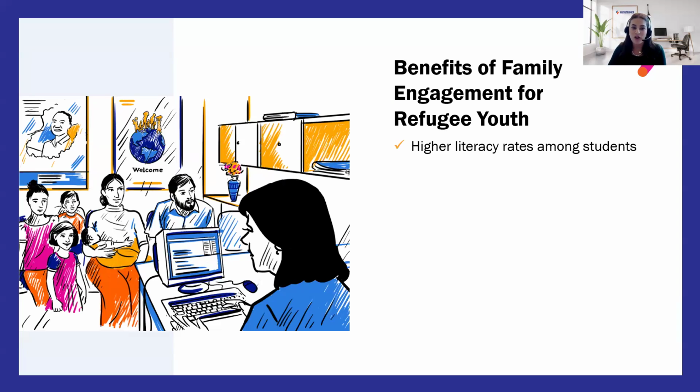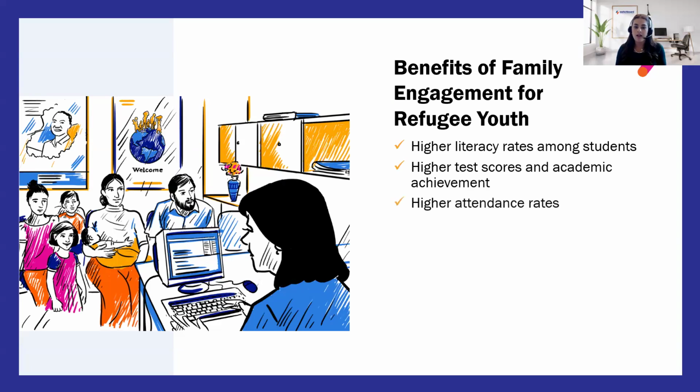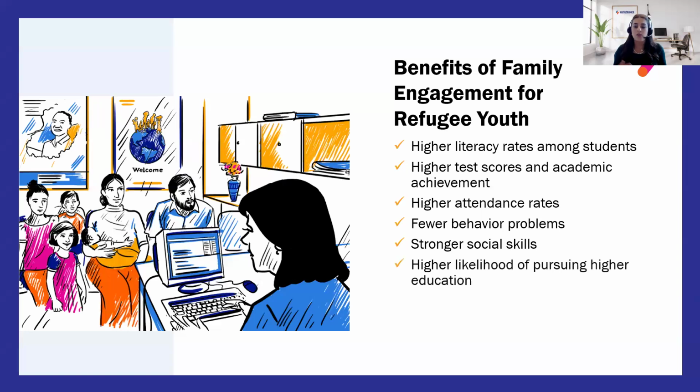And when families are engaged, that leads to higher literacy rates among students. There's going to be higher test scores and academic achievement overall. Attendance rates are better. There's going to be fewer disciplinary problems in schools. And of course, they'll have stronger social skills. And students are also more likely to go ahead and pursue a higher education.